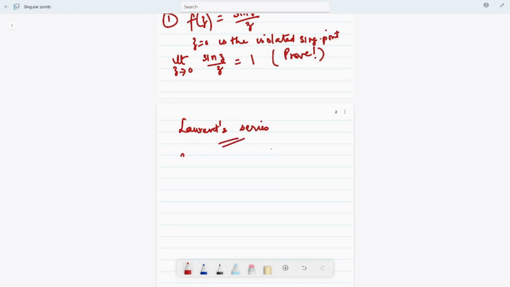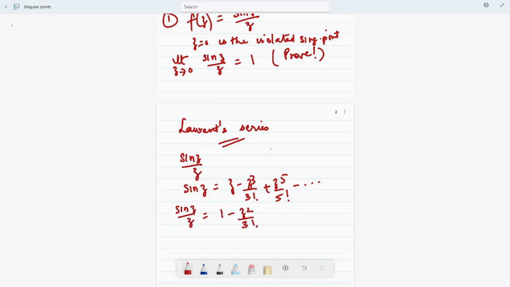Now, how can we represent sine z by z? You know that sine z can be written as z minus z cube by 3 factorial plus z power 5 by 5 factorial, and it goes on. So, sine z by z would be 1 minus z square by 3 factorial plus z power 4 by 5 factorial, and it goes on.